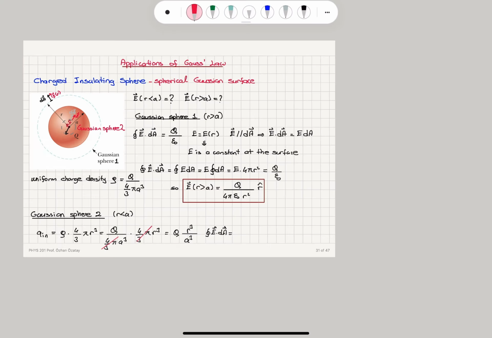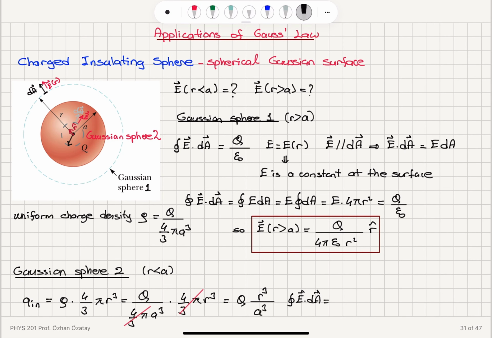So I can write this as E dA cosine 0, and cosine 0 is 1. Once again, the electric field is only a function of r, so it is constant on this surface. So it's E integral dA, which is E times 4 pi r squared. That is equal to the charge enclosed, q in, divided by epsilon 0, according to Gauss's law.